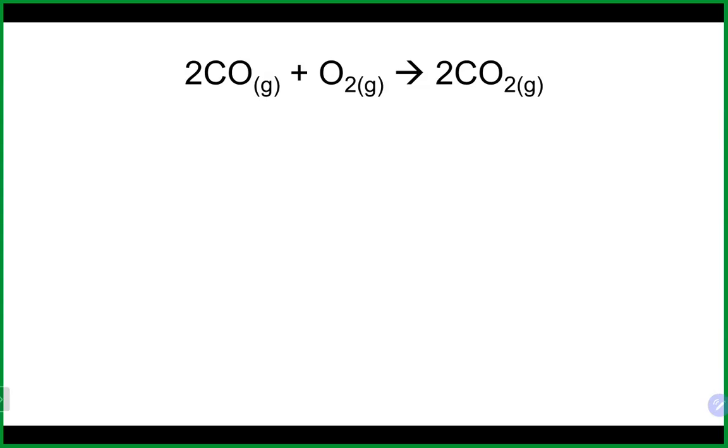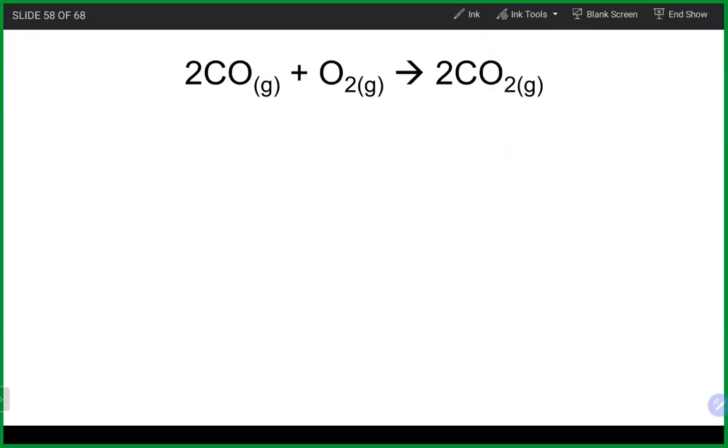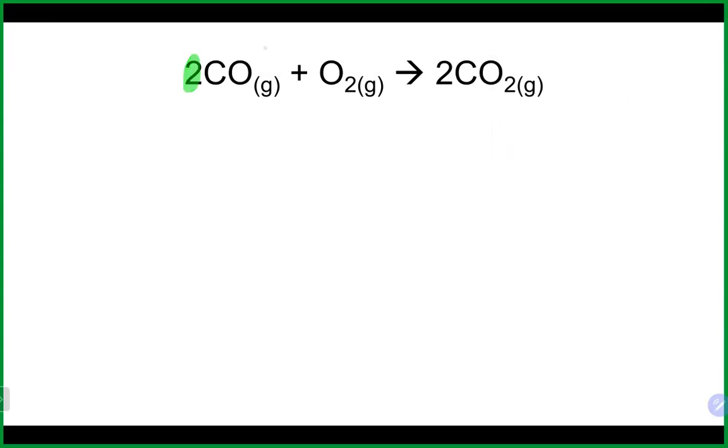But first off, let's say we have a balanced equation. From this one equation, we could come up with several different relationships, and it is all based off of the coefficients in this balanced equation.